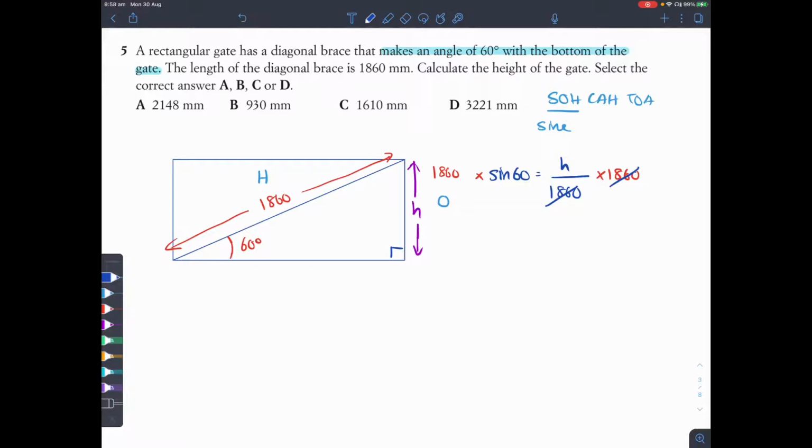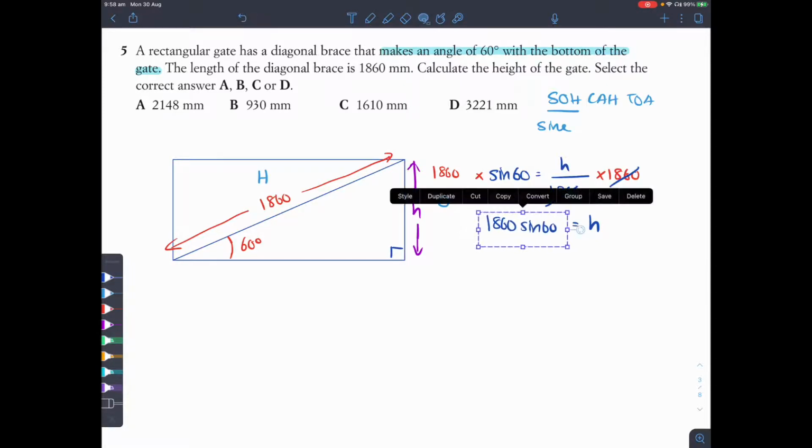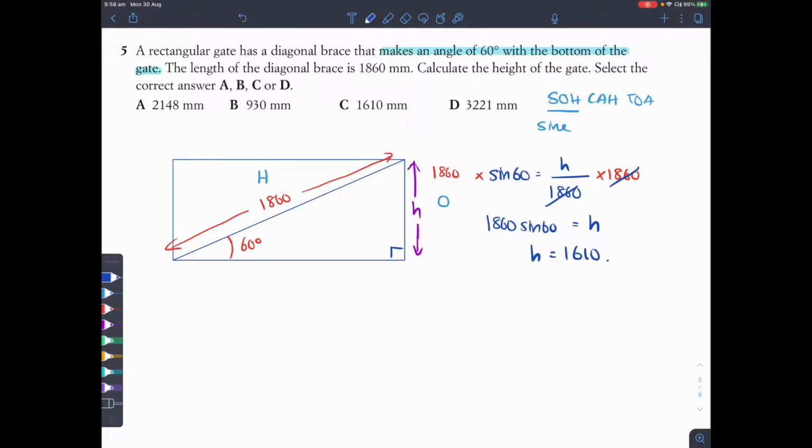So these will cancel, leaving us with H being what this is. So I'll write that again. And if I then type that on my calculator, 1860 sine 60, that would give us H equals 1610.80, and so on. So the closest answer to this would be letter C.